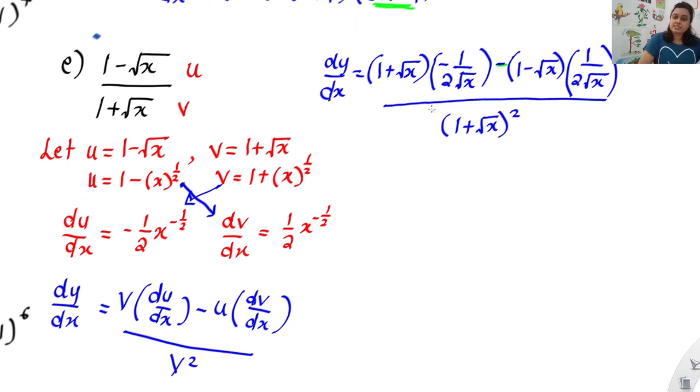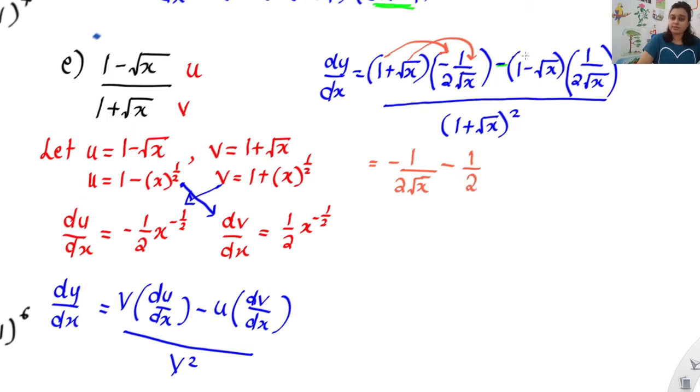First, always try to do step by step. 1 times negative 1 over 2, so we get negative 1 over 2 square root x. Then square root x times this: the square root x and square root x will cancel, right? So you will get negative 1 over 2. That's all, so these two are done.